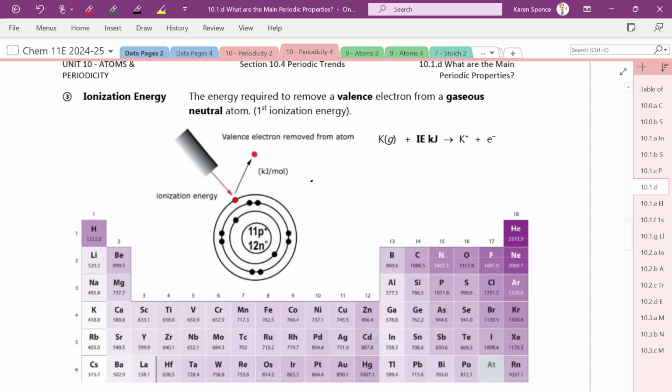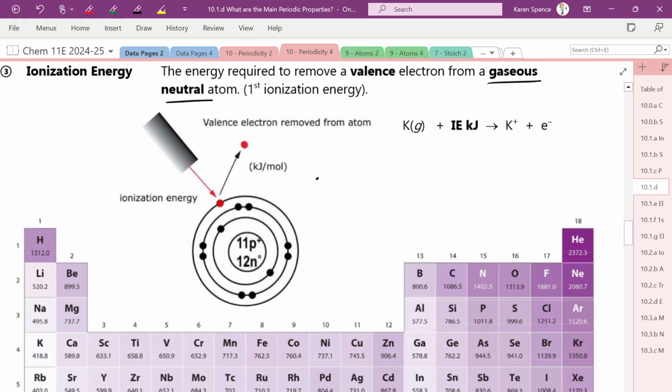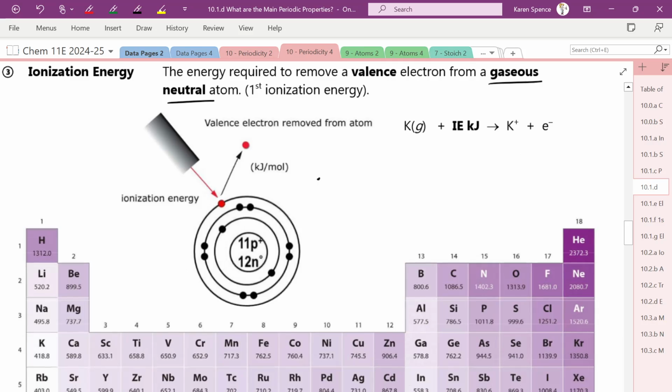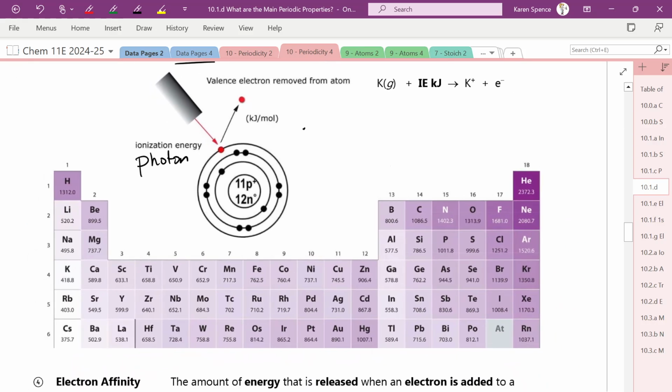Ionization energy. We already talked about it being from a gaseous neutral atom, and this being our first ionization energy. And what takes it out? A photon. And let's look at our colors here. Where is our highest ionization energy? Helium.